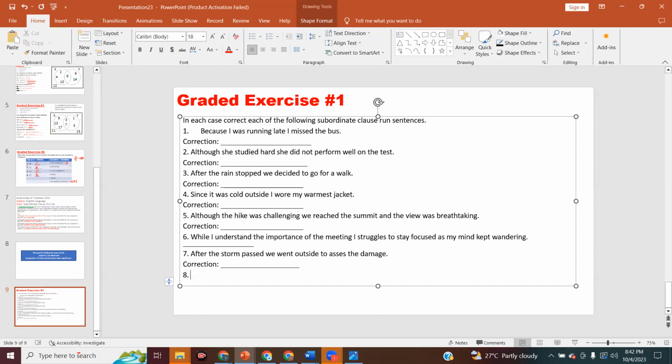And finally, number 8, if the weather cooperates well, we will have a picnic. I have prepared sandwiches.